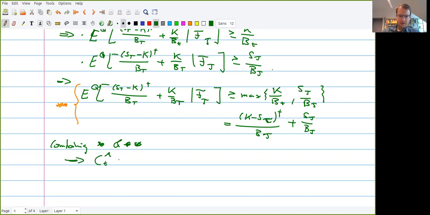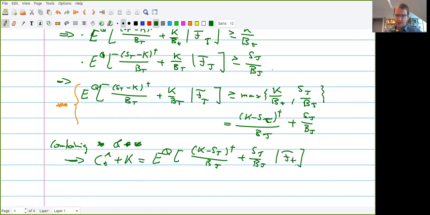So we can estimate here the sum of the price of the American call option at time t plus K by, and now we plug in what we have here, plus S tau divided by B tau at time t, right?